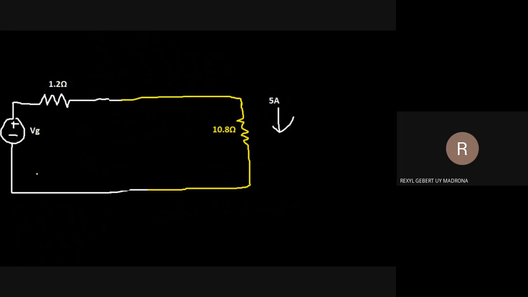So now we have simplified the circuit to its most basic component, and since this is just in series, the equivalent resistor value is just 1.2 plus 10.8 equal to 12.